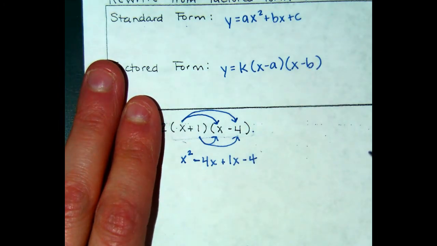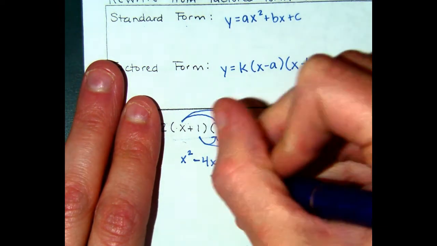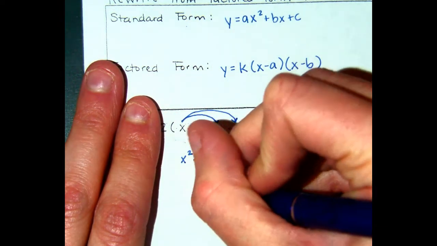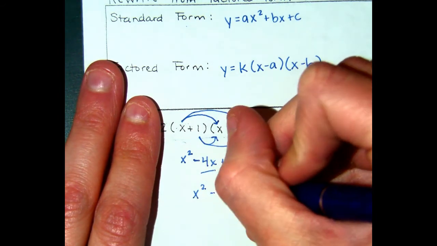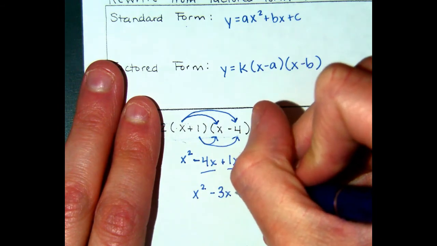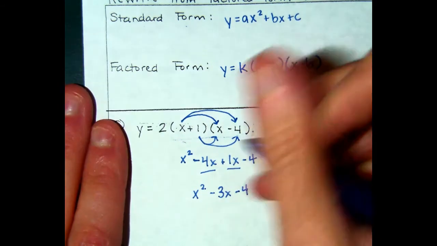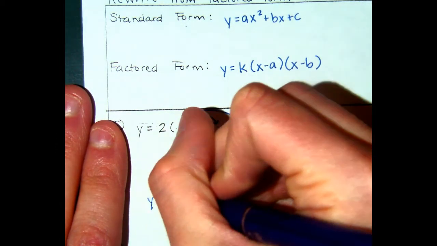Do I have like terms? Okay, how do I put them together? Add these two, so it's x squared, then what? And then minus 4. All right, notice that 2 is still out there. We got to bring that down.